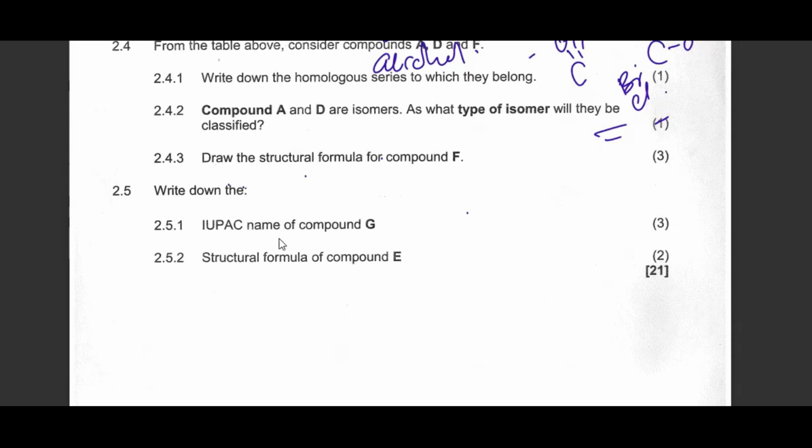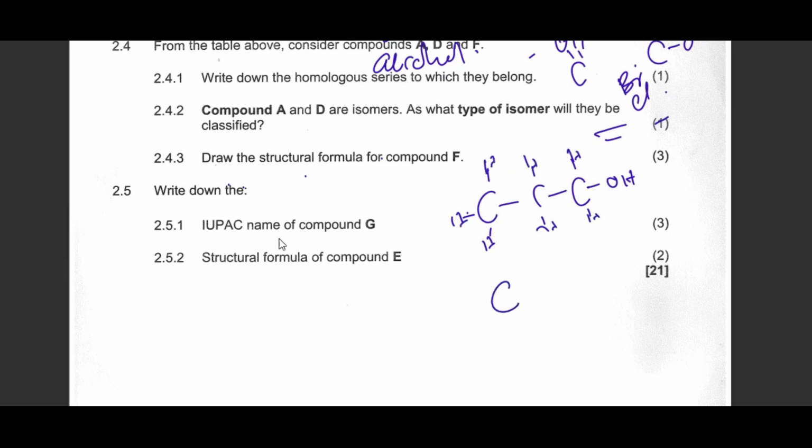One compound is like this. Let me just make the structural formula. See? So it's like that. Don't forget that there is a hydrogen there. Hydrogen, hydrogen, hydrogen, hydrogen, hydrogen.